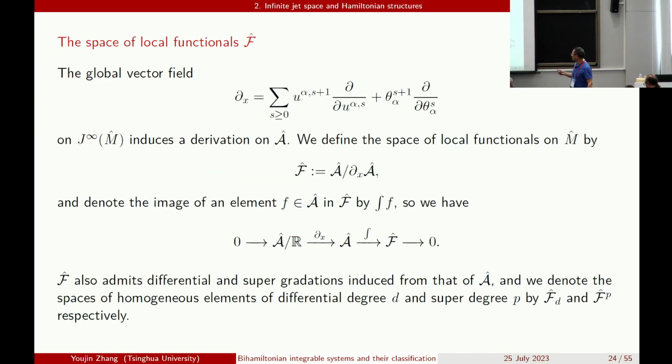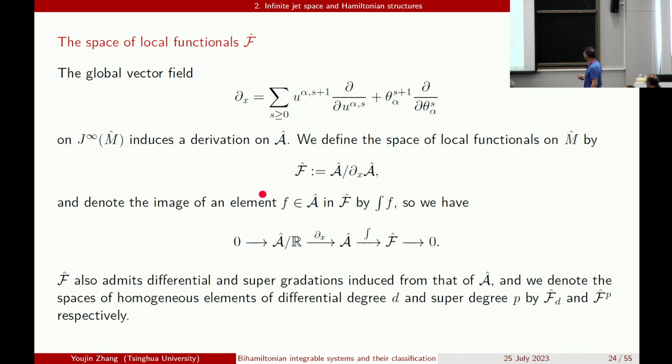And then on this jet space, we have the global vector field dx, the total x derivative, and using this dx, we can define this quotient space. This is the space of local functionals that we use to define the Poisson bracket or the Hamiltonian structures for the infinite dimensional case.